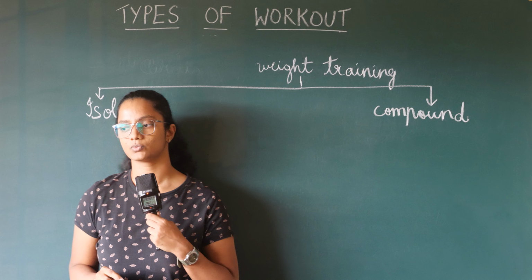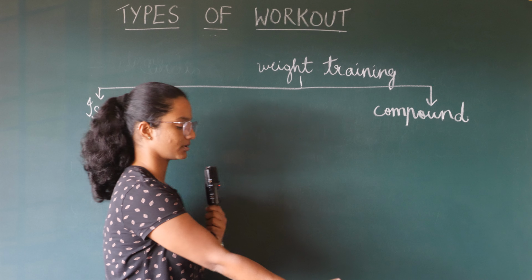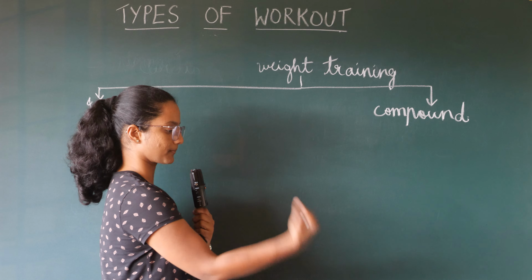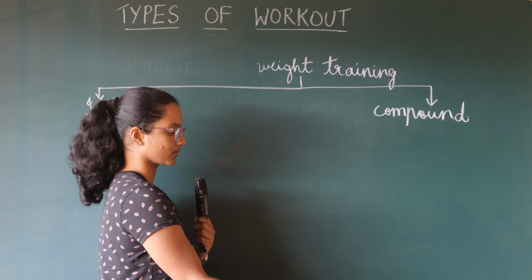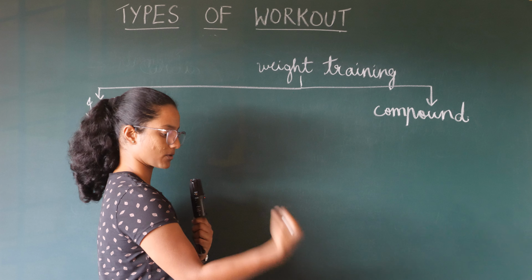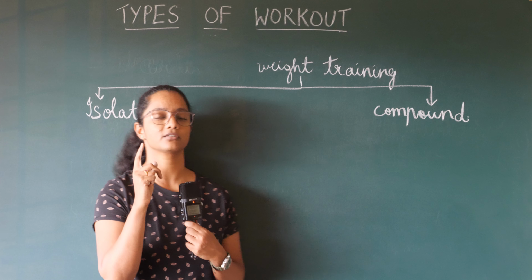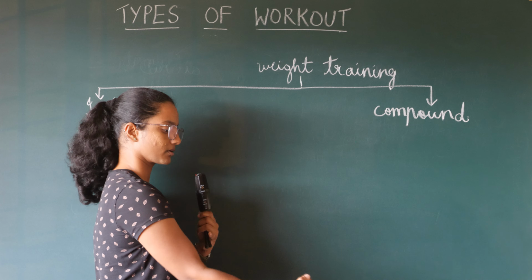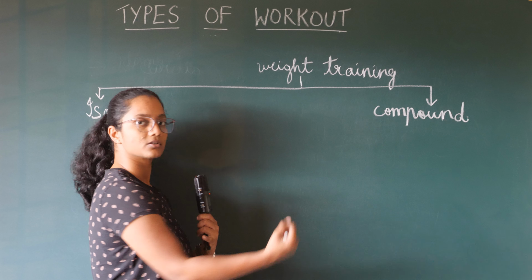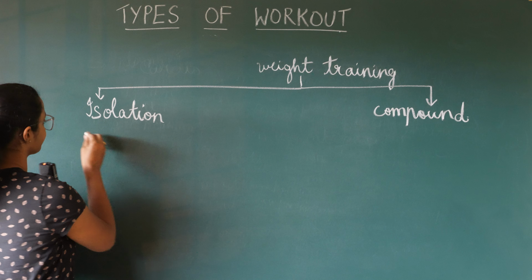Now if I do the dumbbell curl, the bicep curl, so this is the movement. Now here there is only movement at one joint taking place, that is the elbow joint. So here this is an isolation movement.